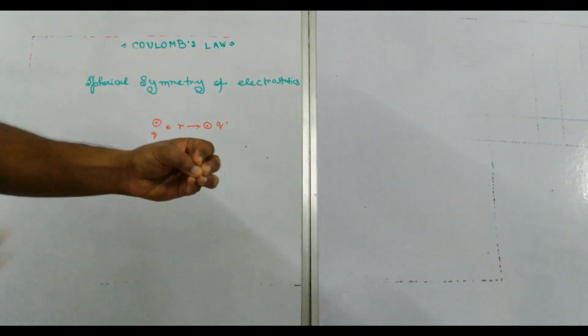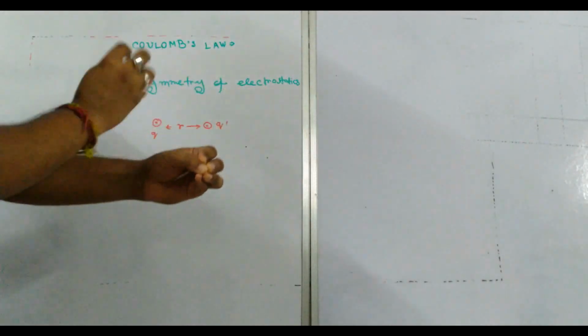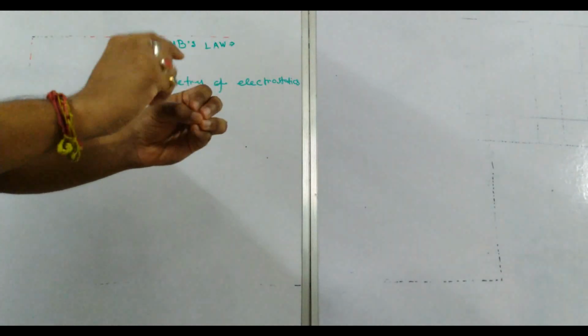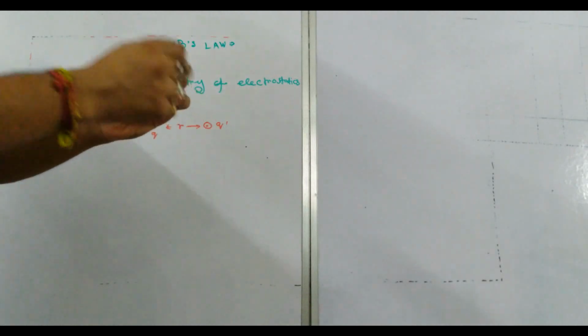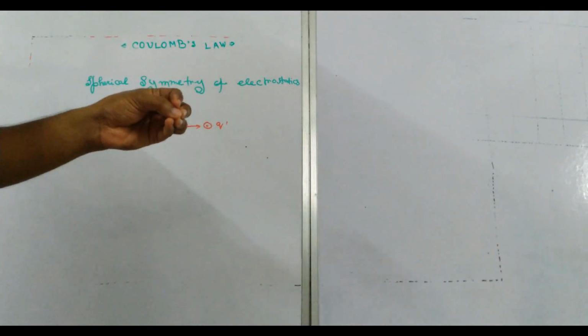It will look like a sphere with charge Q at the center and radius r. We can place Q dash at any point of the sphere.